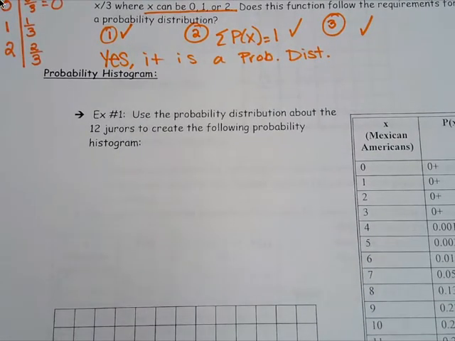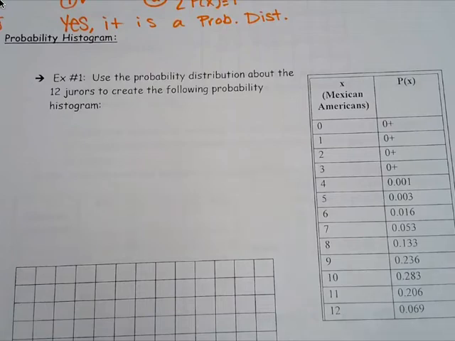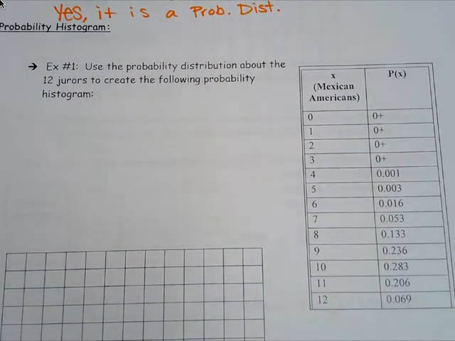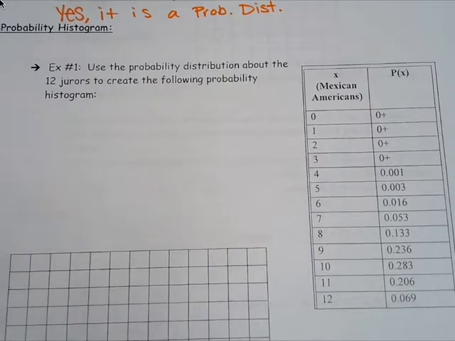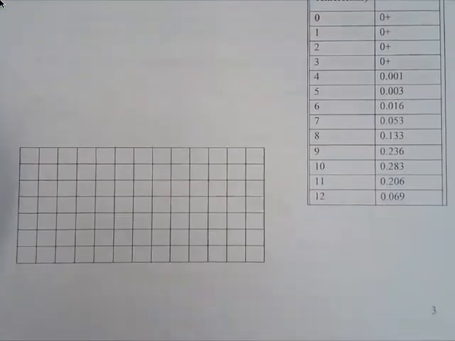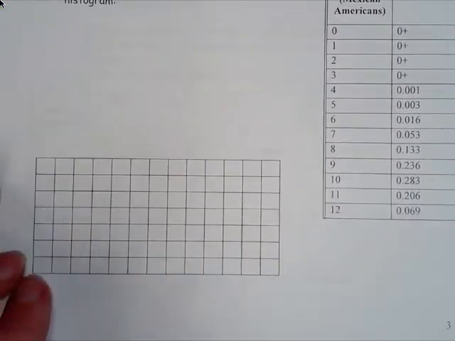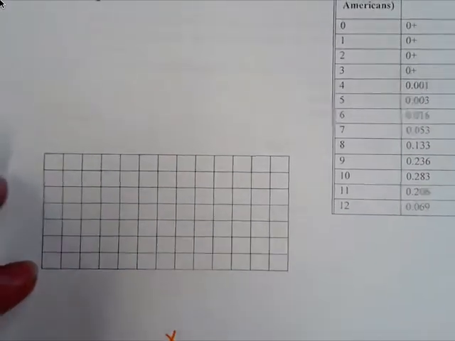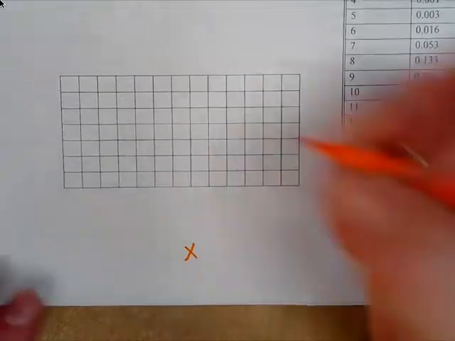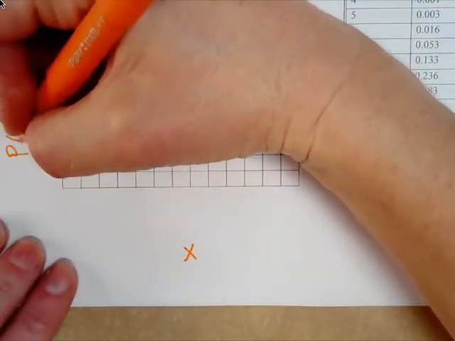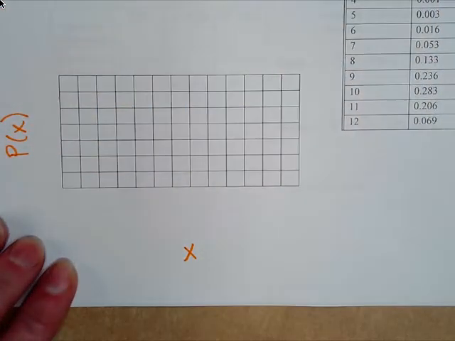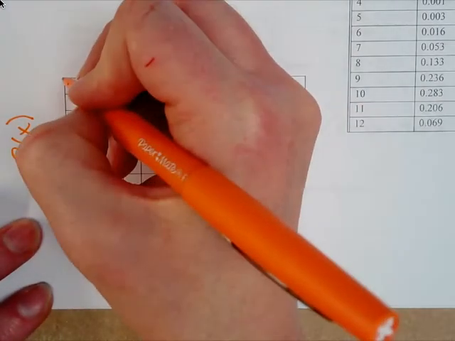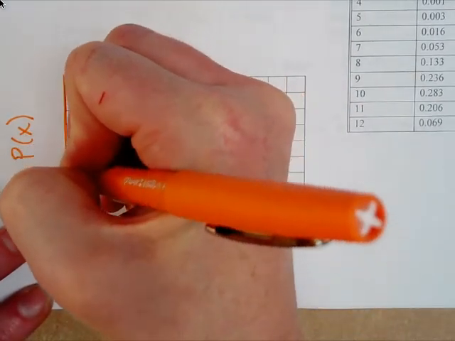We are going to create a probability distribution using the table of the Mexican American jurors. So let's look at our horizontal axis, which is X. It's our random variables. And our Y, our vertical scale, is P of X. I'm just going to go like this.